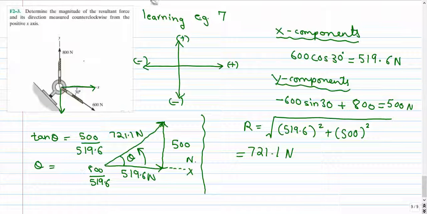Or we could also write tan inverse. I think this is much neater. And the final value that we get is 43.9 degrees.